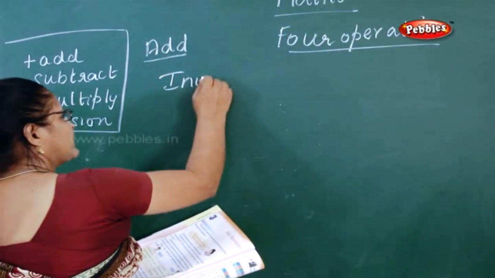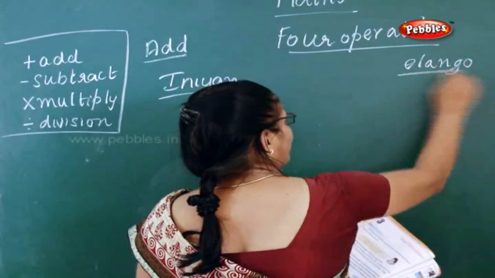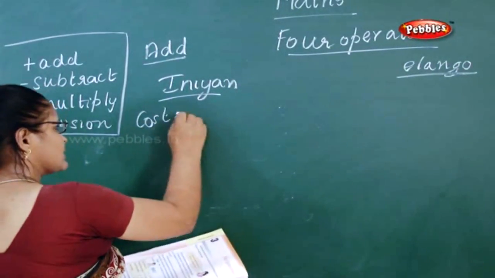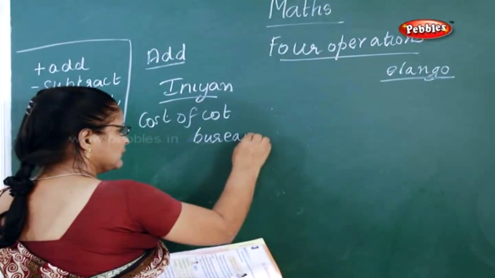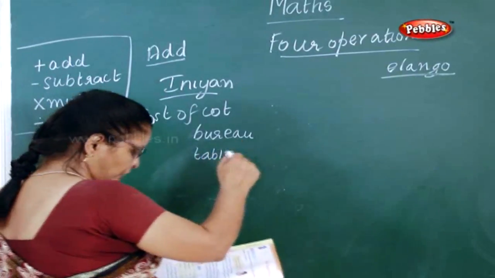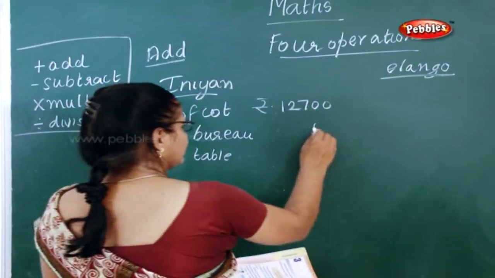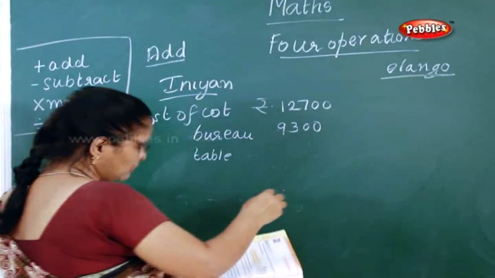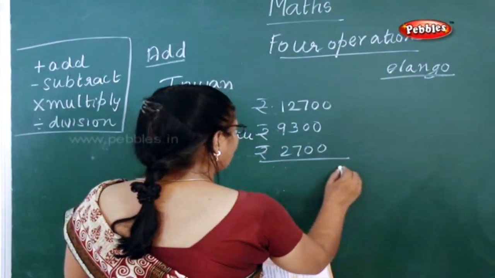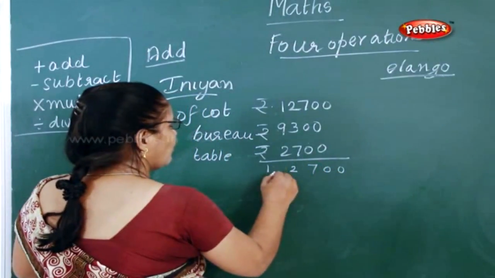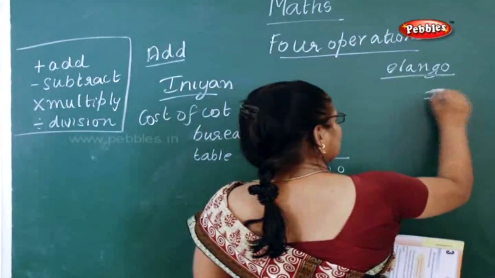Inian wrote the cost of cot, cost of bureau, cost of table, and then adding all this, he got 1,32,700.